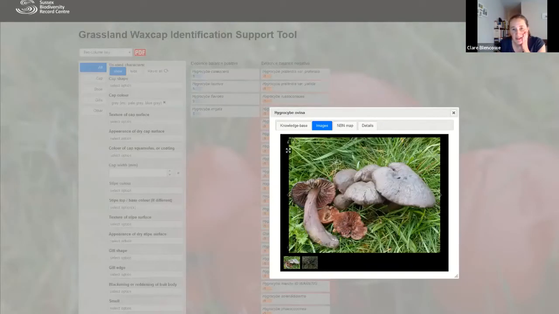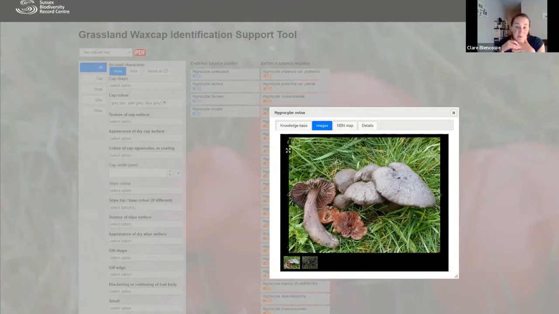And if you click on one of the species, then you get information there, information from that spreadsheet about the species and its different characters. And I also sourced images for each of the species so that you could get a visual aspect to the tool, a visual sense check of whether what you were looking at looks like the pictures.